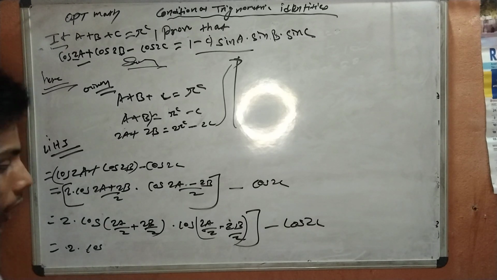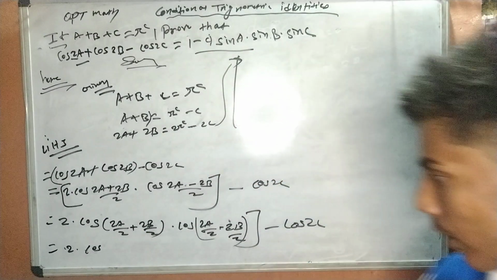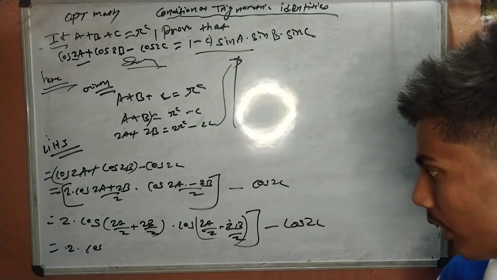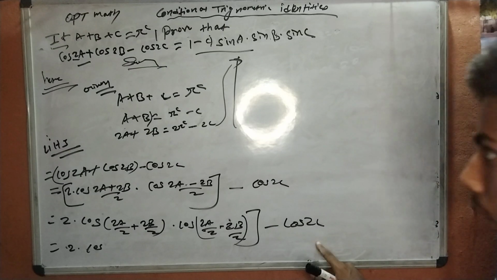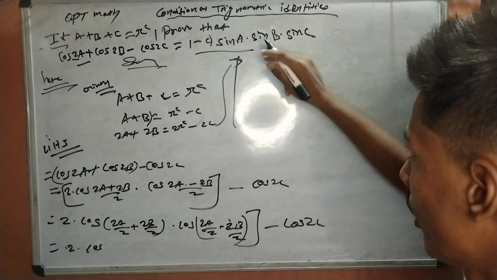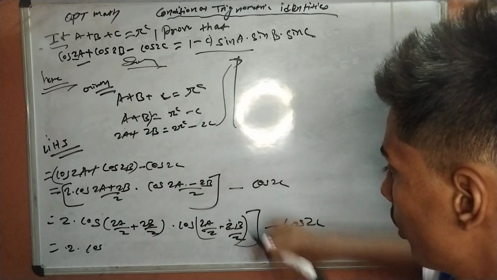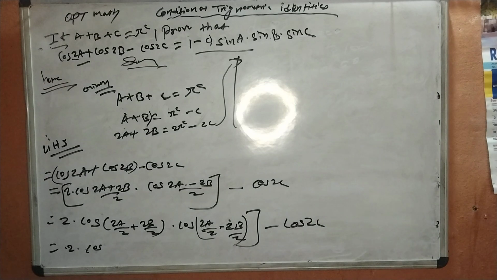Let me tell you which formula it is. I also told you before that you have to write the formula here to make this easy. I'm going to write the formula here, please wait.